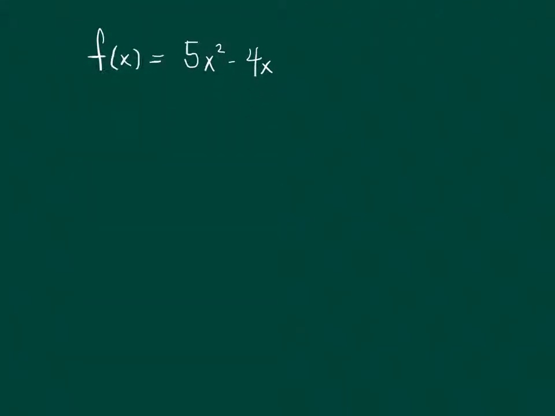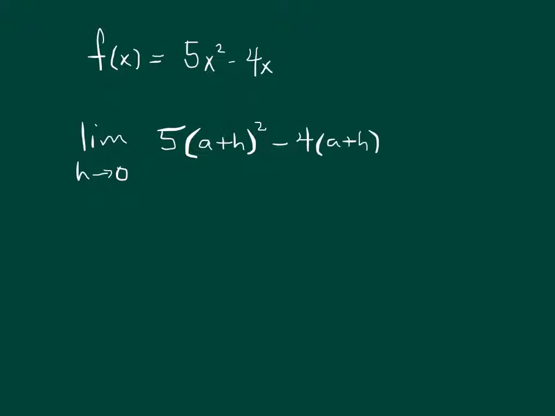First things first, we have to actually plug a plus h into f, and so that'll amount to 5 times a plus h squared minus 4 times a plus h. All I did was I plugged in a plus h for x, so I'll make a note of that right there.